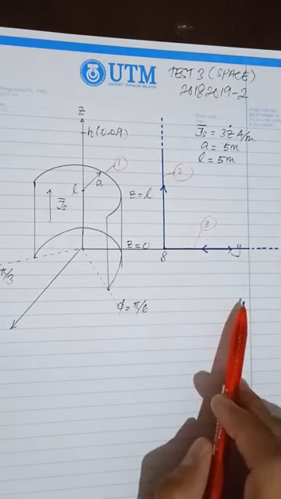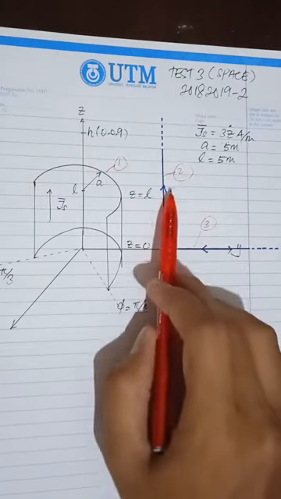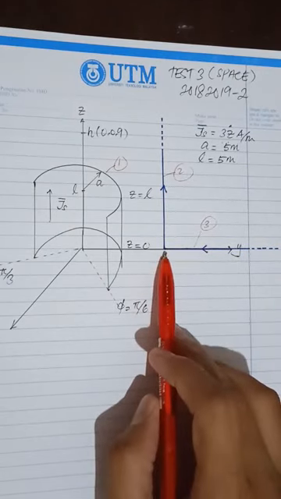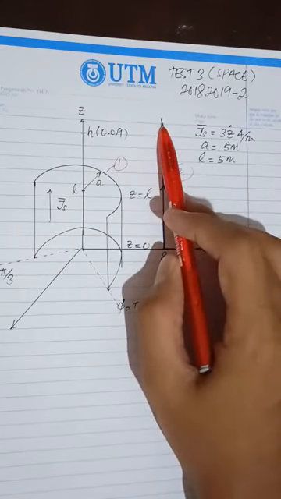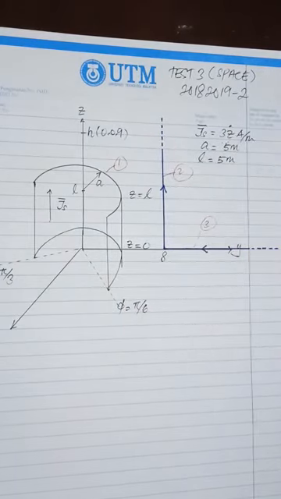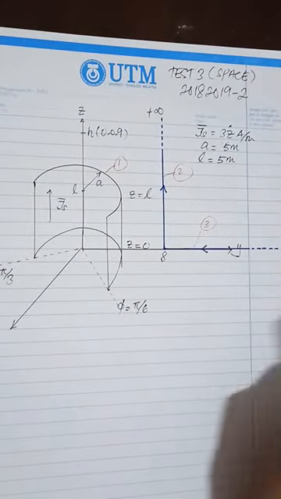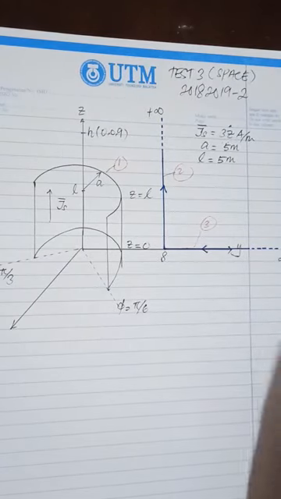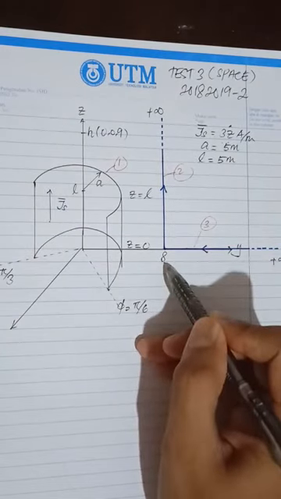Then we have two line currents. The second one here starts flowing from this point to positive z at very far positions, let's say infinity. And we also have another line current that comes from very far positive y, you can see, to the point.